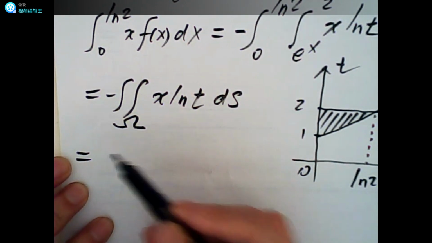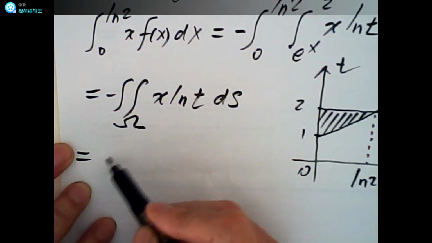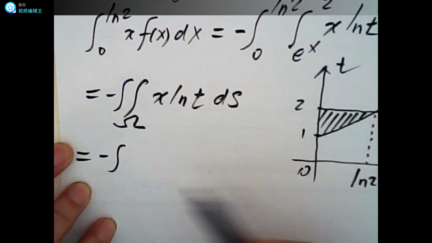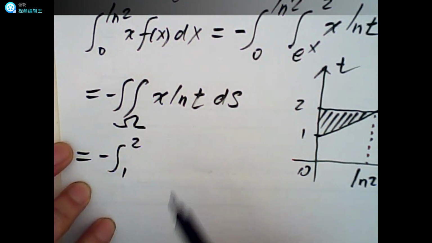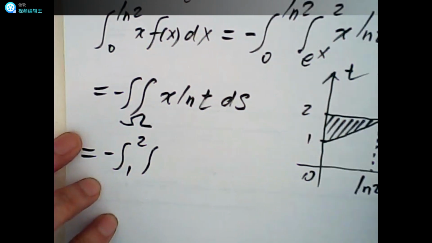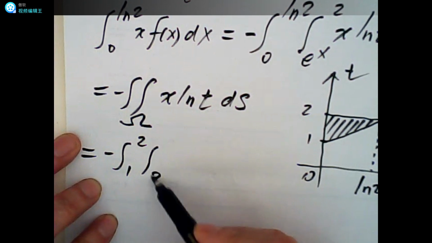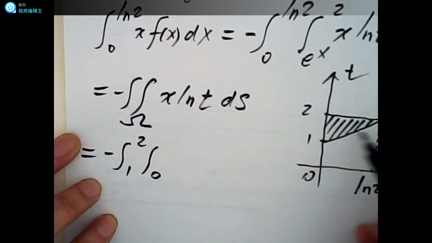If I choose x first, then I do t later. T is from 0 to 2, right? And x is from, where is x from? X is from 0 to this curve.